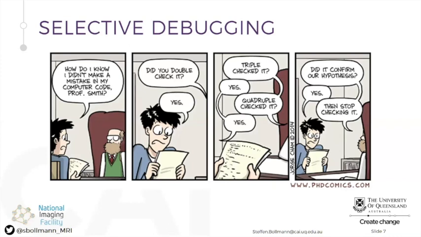I think this comic is funny, and I think it's true, right? If you have a result that you expect, you don't go back and check. Why would you? You have more things to do. However, if something doesn't confirm a hypothesis, you go back and you check, and you often find a bug. This is a common thing in software development, because when you write software, you also only realize when it crashes.